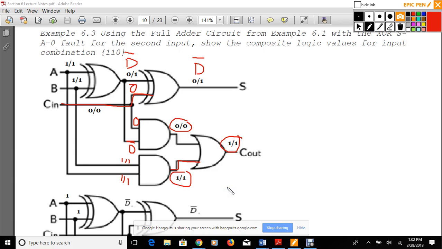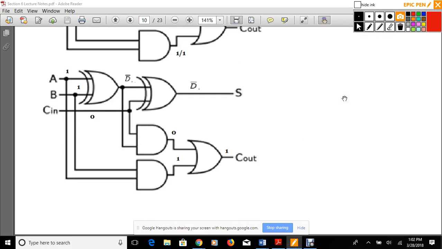So it's interesting, and why this is useful, let me scroll down to the second version of the solution, which is the same thing. What's interesting is that if we put 1, 1, 0 on the input, we're going to be expecting a 0 and getting a 1, but we're getting the correct value on this output, even though D bar contributes to the second output.